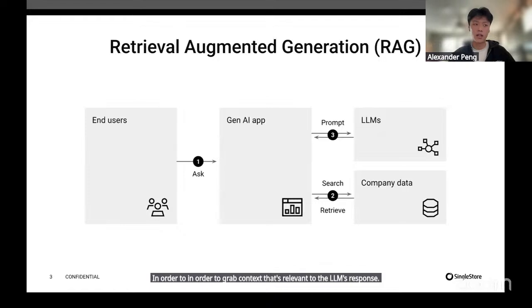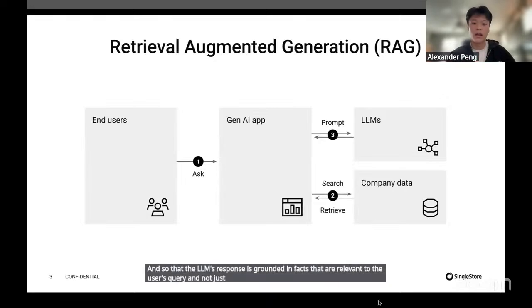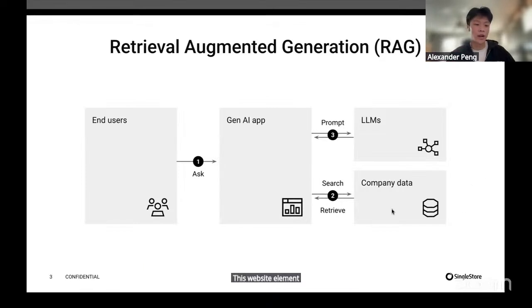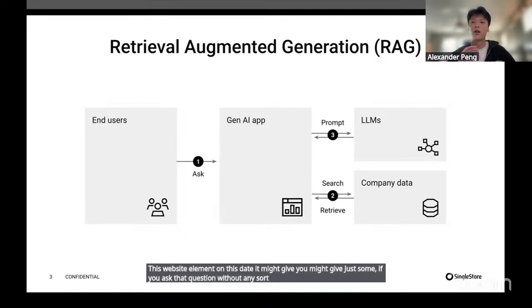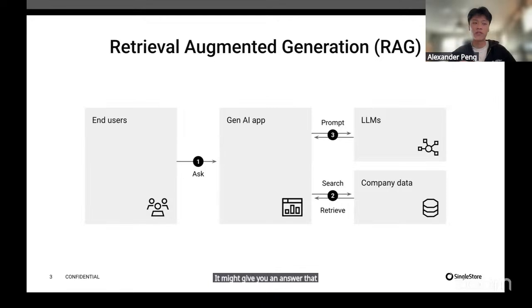That way the LLM's response is grounded in facts that are relevant to the user's query and not just plucked out of thin air, as you'll often find if you ask an LLM, what color was this website element on this date? If you ask that question without any context at all, it might give you an answer that a user would just take at face value.